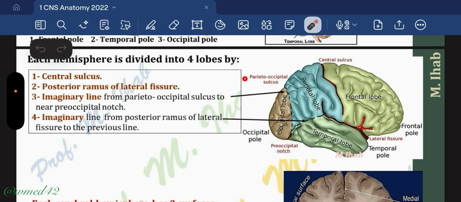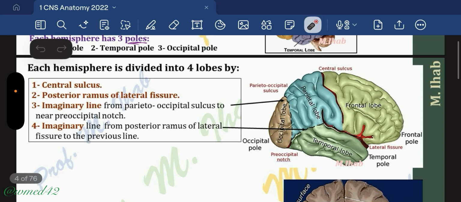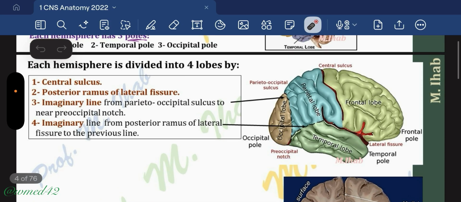So, from the parieto-occipital sulcus to the pre-occipital notch, and the imaginary line from the posterior ramus of the lateral fissure to that line. So here is the imaginary line that divides the brain into the lobes.